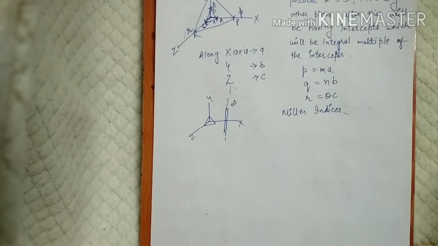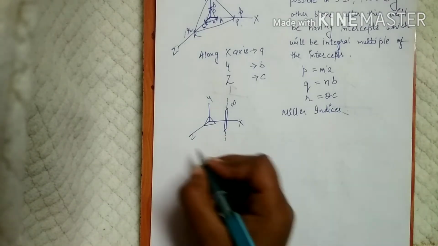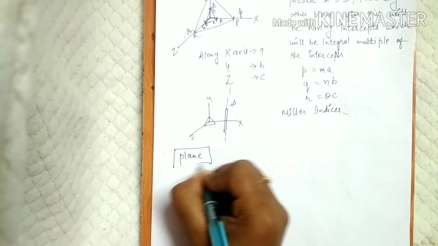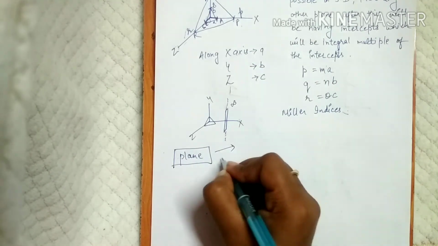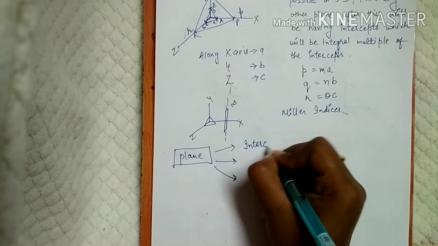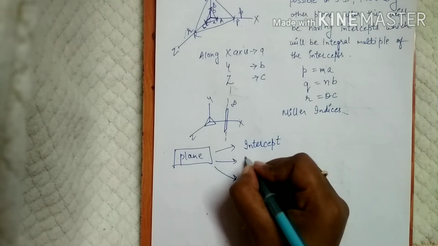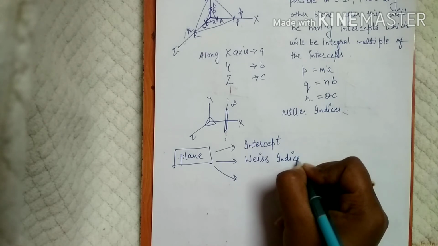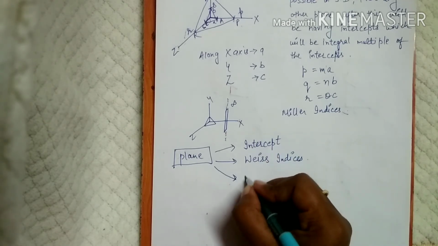So till now, whatever we have studied, we can conclude that if we have a plane, then to represent that plane we can have three methods of representation. One is your intercept, other is your Weiss indices, and next is your Miller indices.